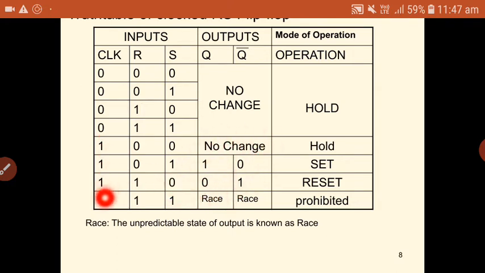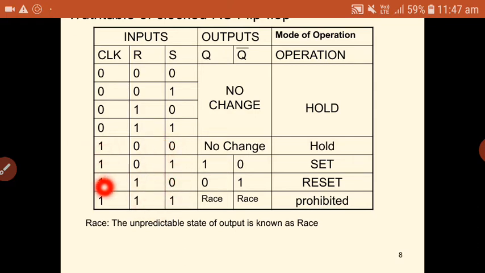So clock is called the enable input for a flip-flop. Whenever clock is 1, the flip-flop is enabled, so the output of the flip-flop depends upon the input combinations.